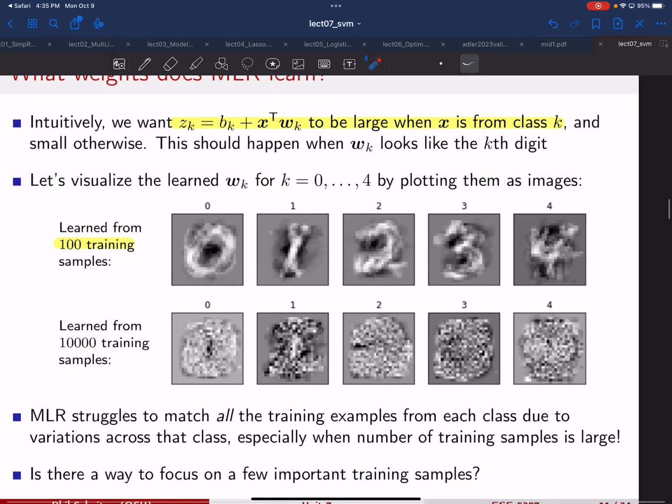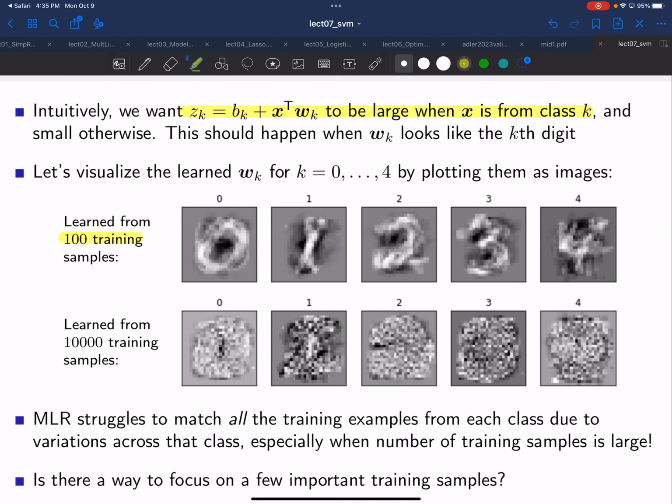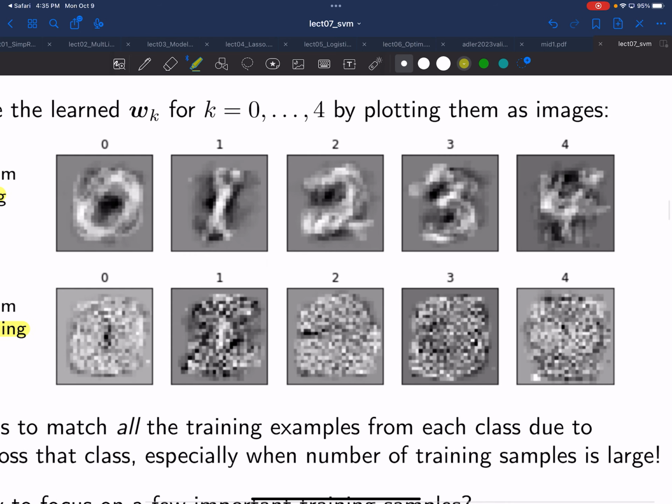But what's interesting is when you repeat this experiment with all 10,000 training samples, it becomes harder to see those images. It's hard to tell that there's a 0 here or a 1 here and so on. This helps us understand what's happening in multinomial logistic regression.